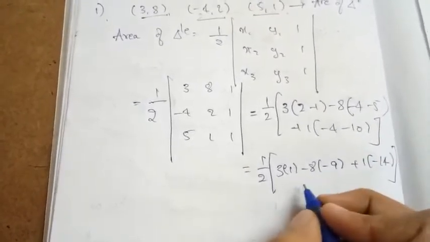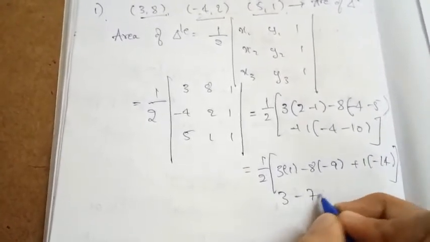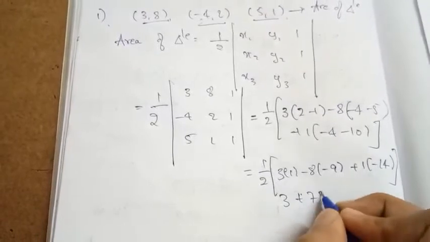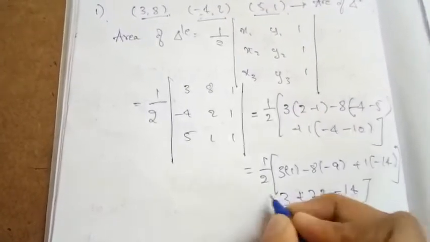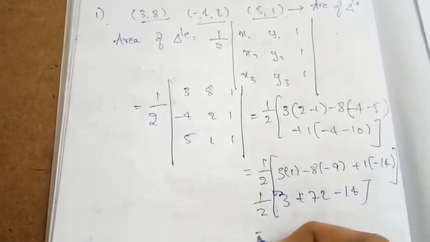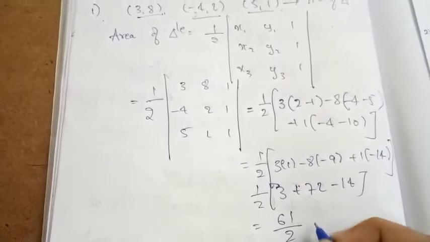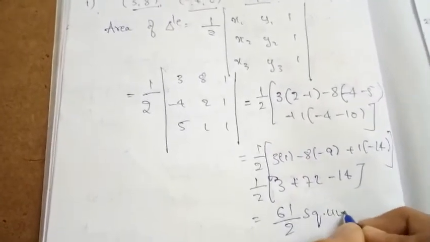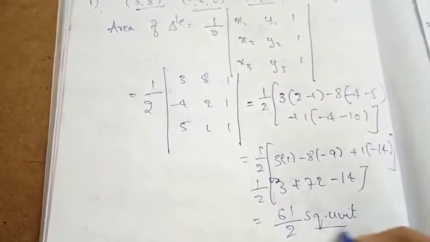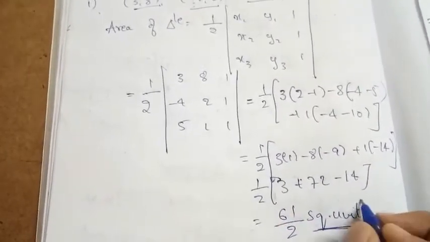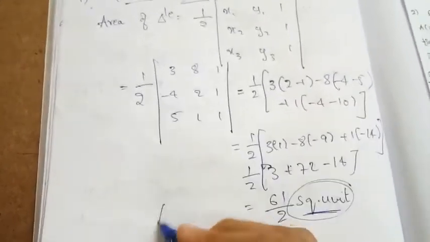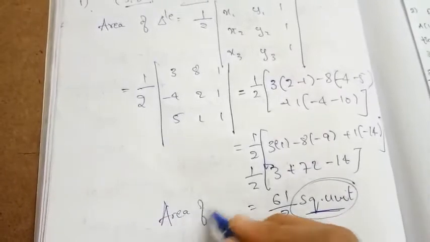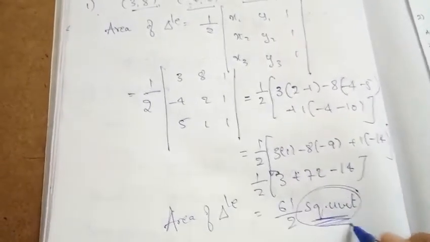After summing up, that is 3 plus 72 minus 14, into half, which is 61/2 square units. So after getting the value, please remember to put the square unit at the end, because they asked you to find the area of the triangle. So this unit matters a lot.